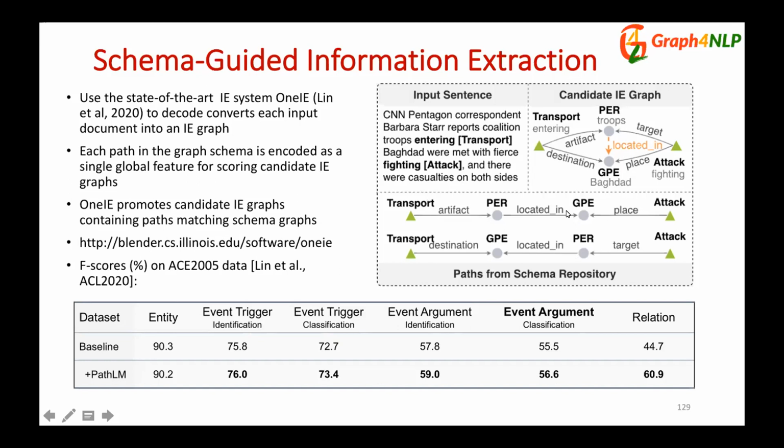And our path language model will tell us these two are top ranked paths connecting these two events, and there's a located-in relation between these two entities. So using that, we can infer this relation. Once we apply this to every component in the IE pipeline, we can achieve significant improvement, especially for event and relation extraction.